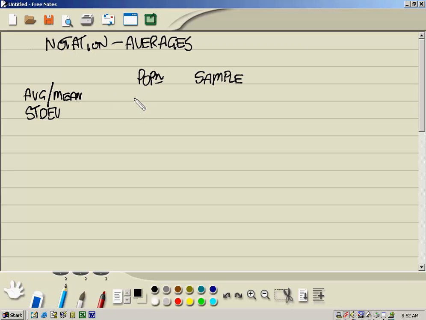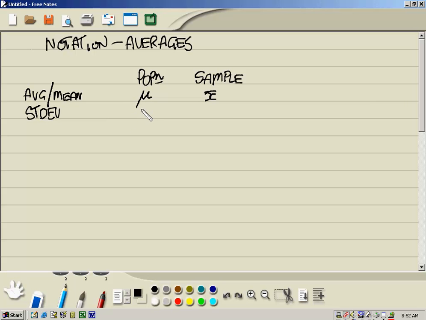The population average or mean is given by the Greek letter mu. It looks like a U, but sometimes people write it like an M. The sample version of that is X bar.